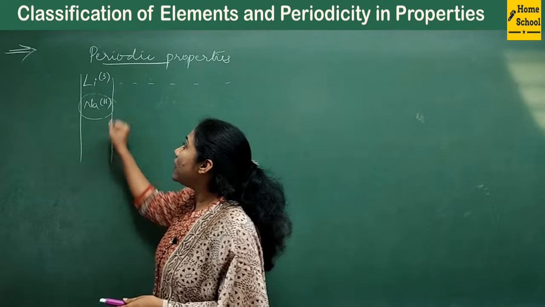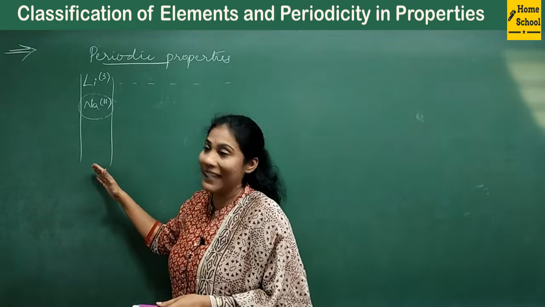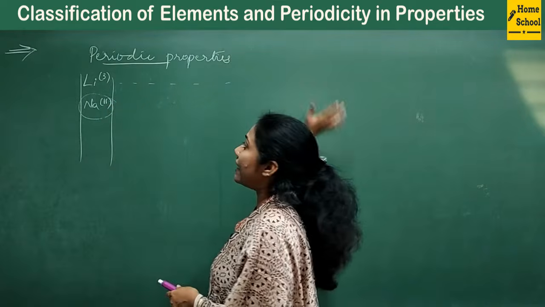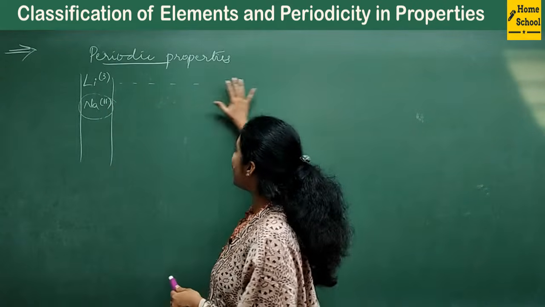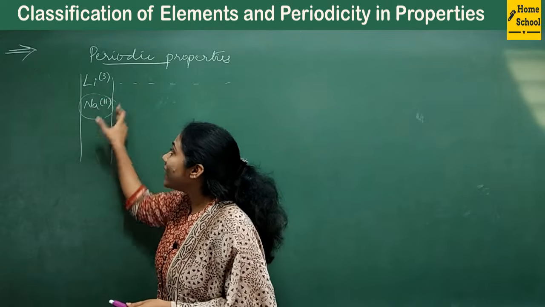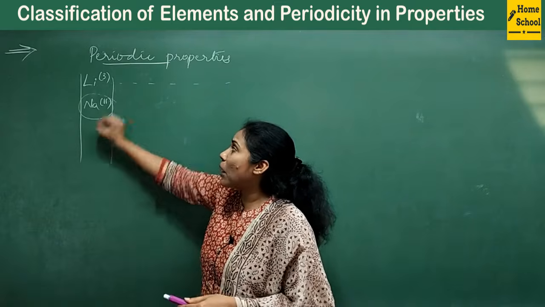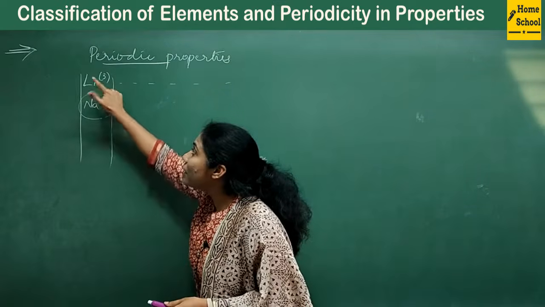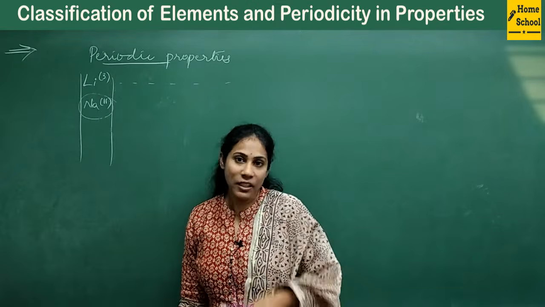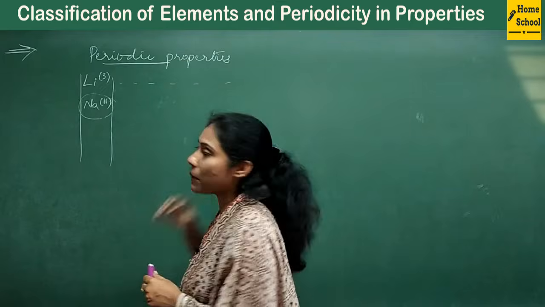That particular property gets repeated as you go to the bottom, right? And how did it get repeated? After certain atomic numbers. After some atomic number, you have this element, which has a property common to lithium. Such properties we are going to discuss, and those properties we mainly call periodic properties.